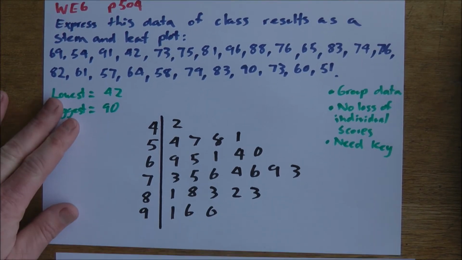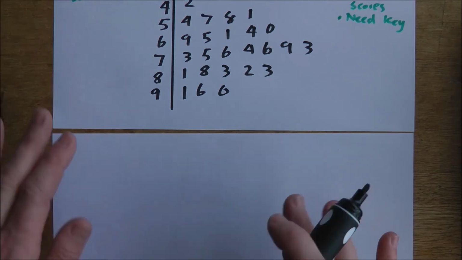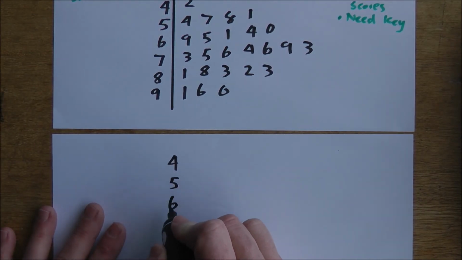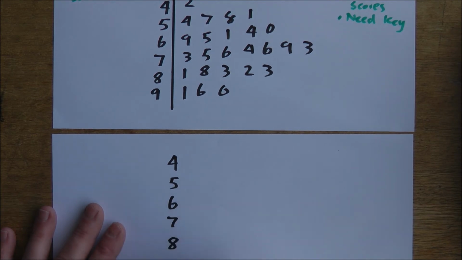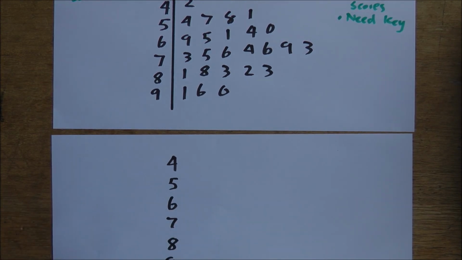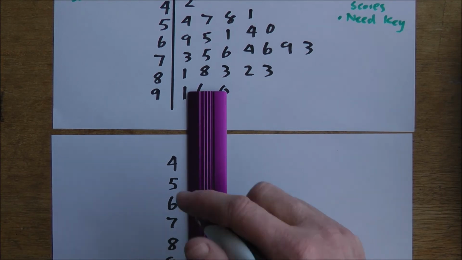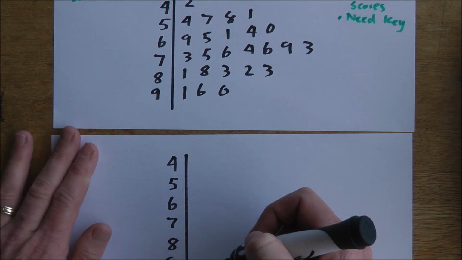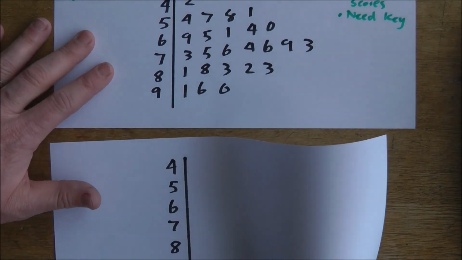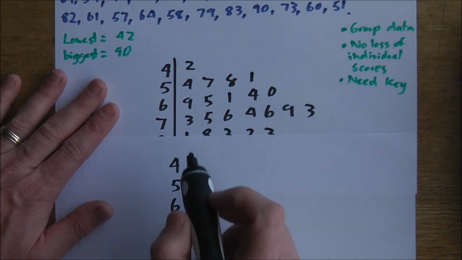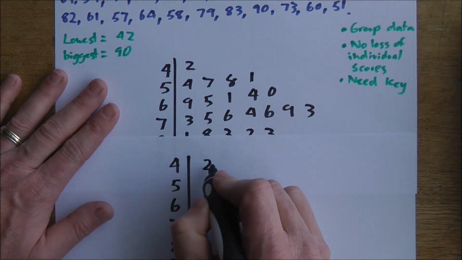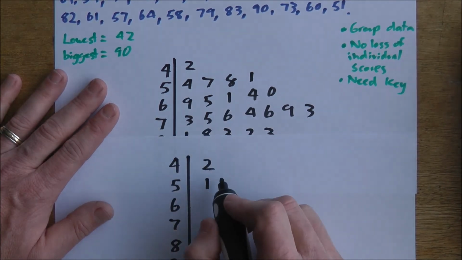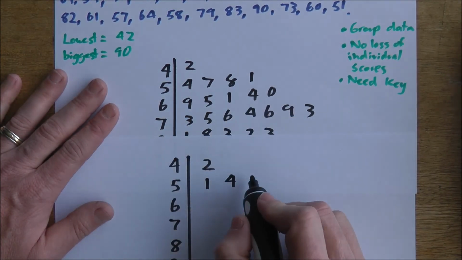Now, to complete this table, what I really should do is rewrite it, but put these numbers in order. So I've got 40, 50, 60, 70, 80, 90. Draw my stem. Now I'll draw my leaves, but I'll put the numbers in order. There's only one there, it's 42. Now in the 50s I've got a 1, a 4, a 7 and an 8.